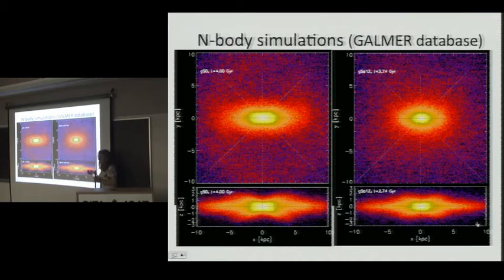This one has a perfectly fine peanut shape, but its bar is also slowing down. So if in our Milky Way the bar didn't slow down, it might be different. I've been dissecting these to figure out what's going on, but I know that they're not necessarily the true galaxy.